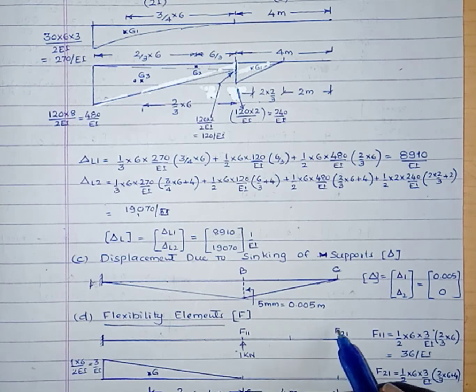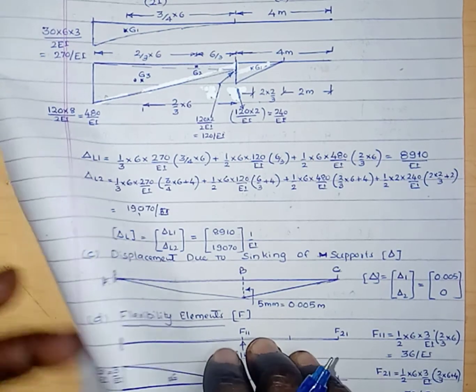Similarly, F21, the displacement at 2 due to the load applied at 1, is the moment of this area about coordinate 2, given by half of base width 6, ordinate 3 by EI into centroidal distance 2/3 of 6 plus 4. After simplification you will get 72 by EI.